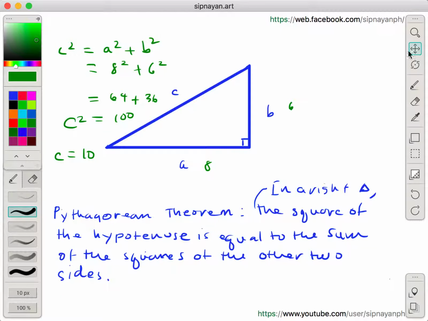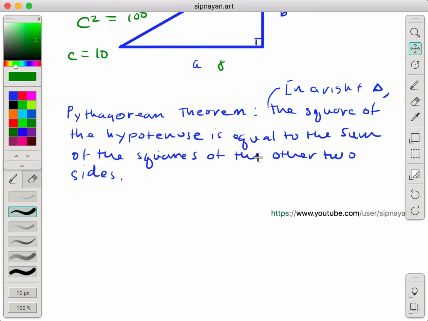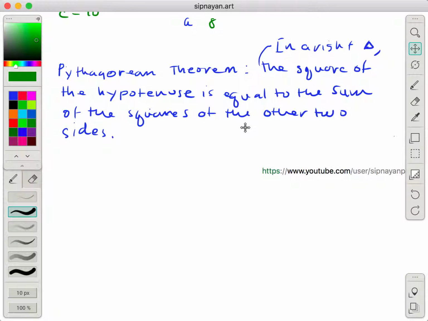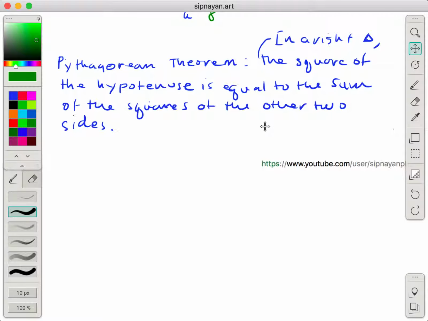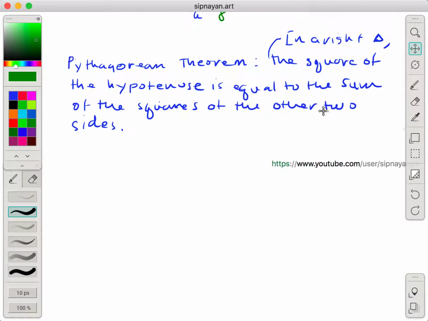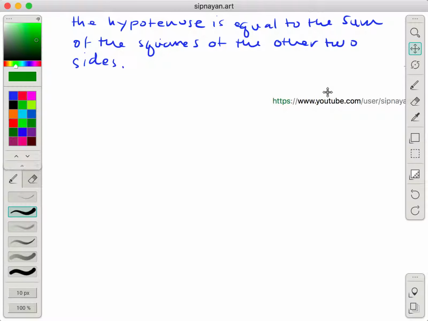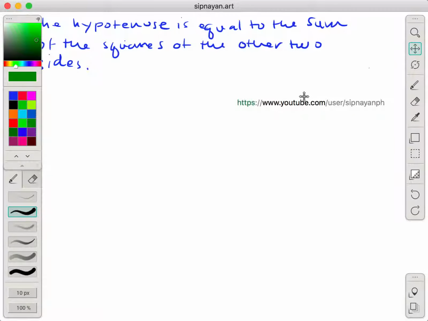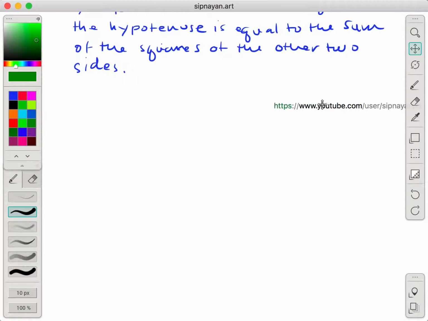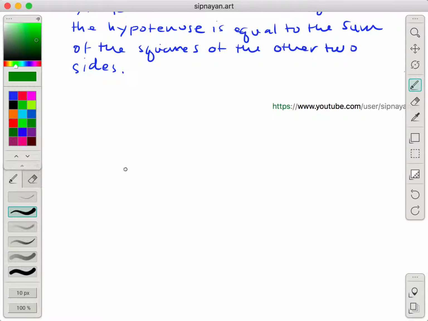Just substitute. Halimbawa, another example. Siguro we'll have 2 or 3 more examples bago tayo tapos. So another example is yung A natin ay 3, yung B natin ay 5. What is C?